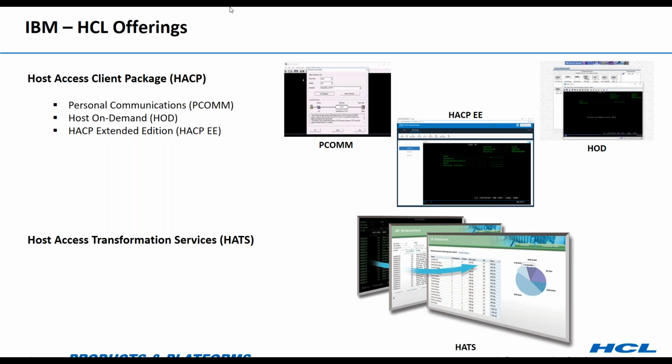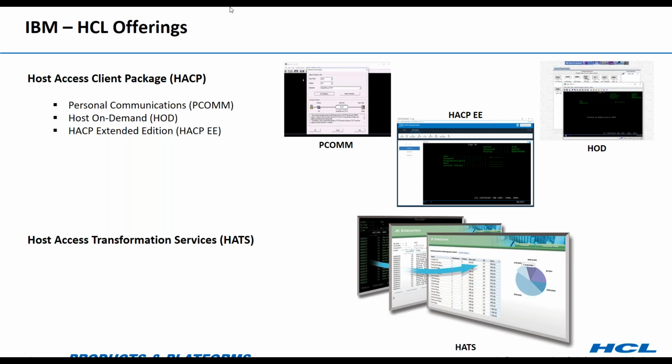To start with, the first one is Host Access Client Package, HACP, and it is a set of 3 products: Personal Communications, PCOMM, Host On-Demand, HOD, and HACP Extended Edition, which is HACP EE. The second product is Host Access Transformation Services, HATS. I'll take you through each of these products, with a brief introduction and the capabilities and functionalities of these products one by one.